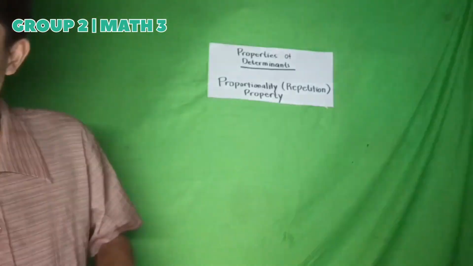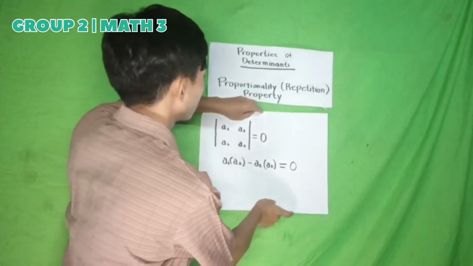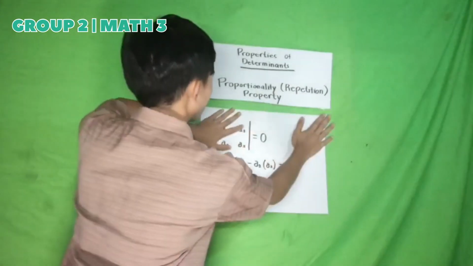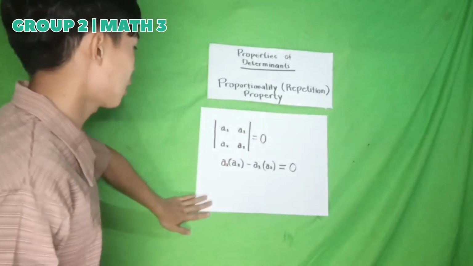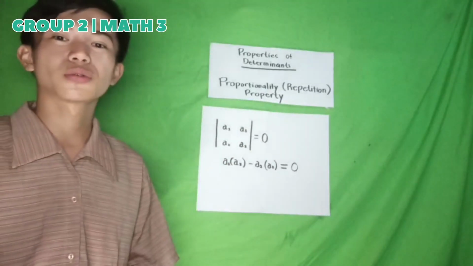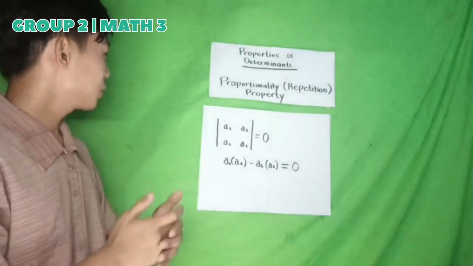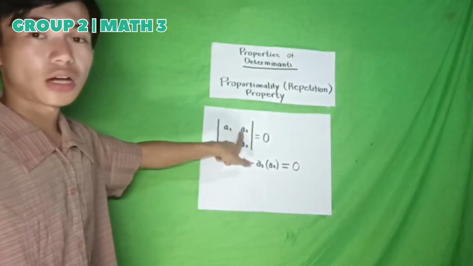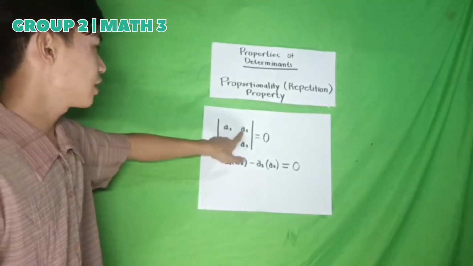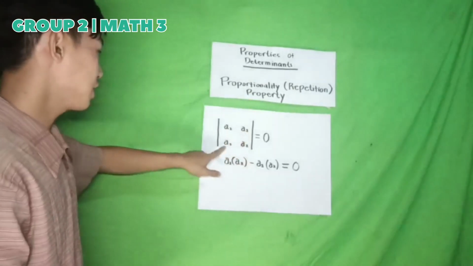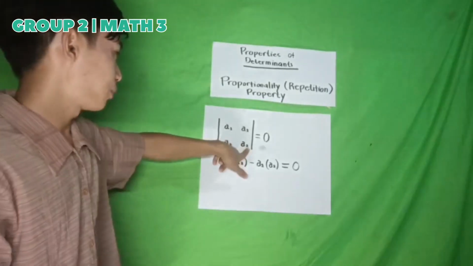To further explain, I have here a step to get the determinant. We notice that the rows are the same. So the a sub 1 and a sub 2 are the same, and a sub 1 and a sub 2 are the same.